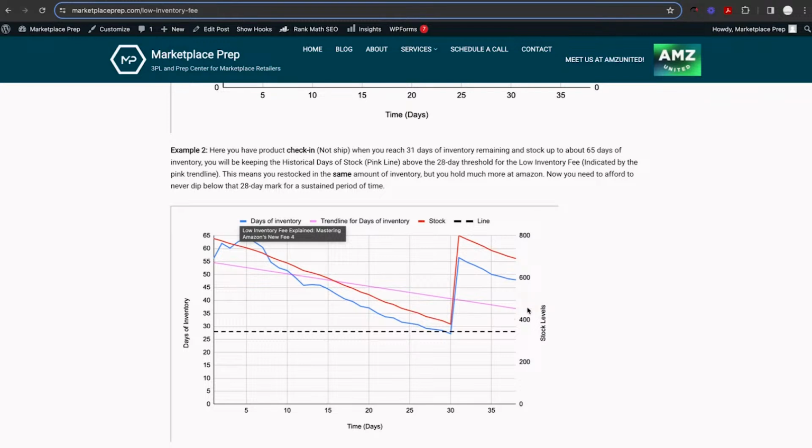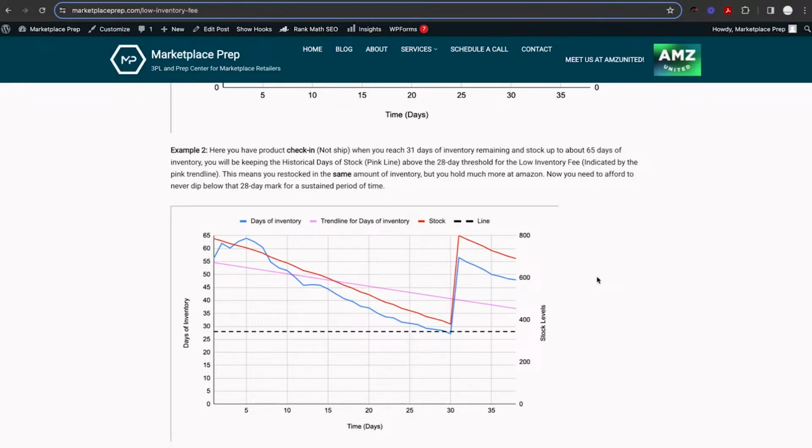The most critical part about this is understanding that it's about maintaining above, not perfection. We're not trying to be perfectly above 28 days. We all know stuff happens with Amazon, and just making sure you always have 28 days is easy until something happens. Your stuff doesn't check in. You have a logistics or a manufacturing problem. You have an Amazon problem. We all deal with those every day.